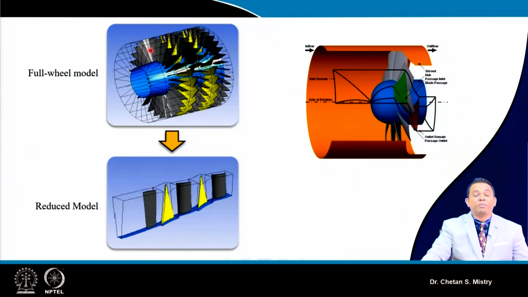So we were discussing that in place of analyzing the whole stage or multi-stage configuration, we will select one or two blades, like it is shown here. Here we have one rotor followed by a stator, a rotor-stator combination. That helps in reducing the number of elements required, which saves our time and computational power.